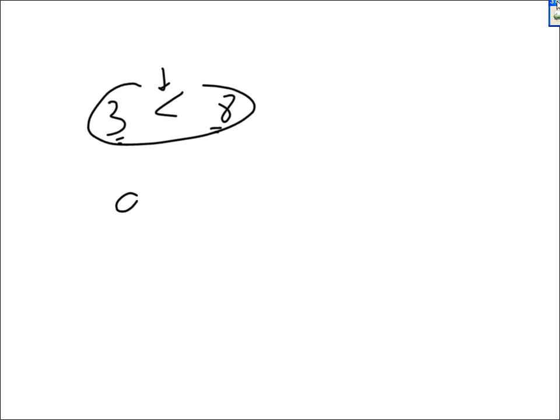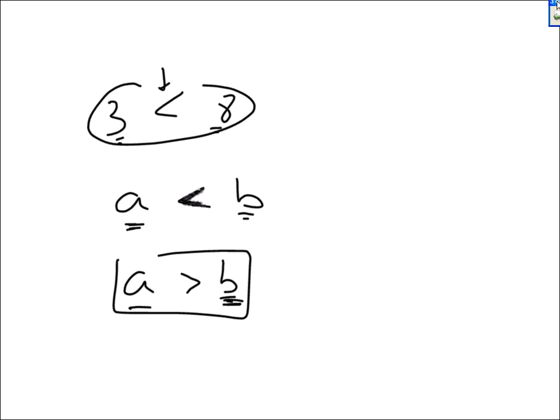Because you know 3 is smaller than 8. What does this mean? Since it's pointing to A, A is smaller than B. If you see this, it's pointing to B. B is smaller than A. That's what this says.